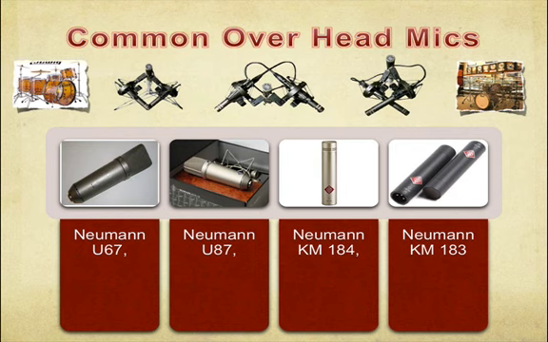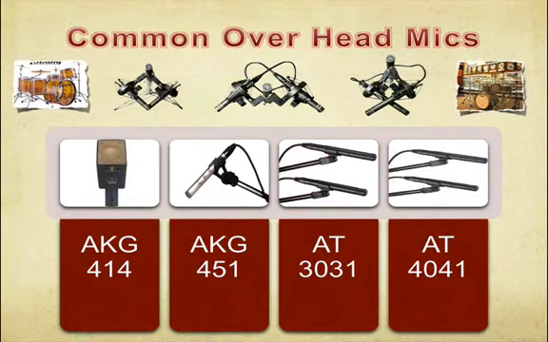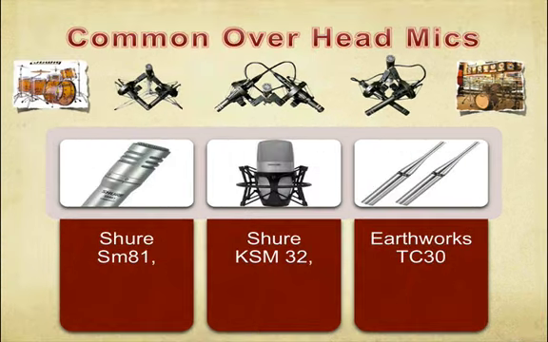This is a very common mic and often used for this, but I have heard U87s, U67s, and sometimes 414s, which I actually used to use a lot, AKG 451s, AT 3031s, and AT 4041s. You can also see there's some Earthworks, some Shure KSM32s, and Shure SM81. Again, there are way more microphones than I can possibly show you in here. These are just examples.